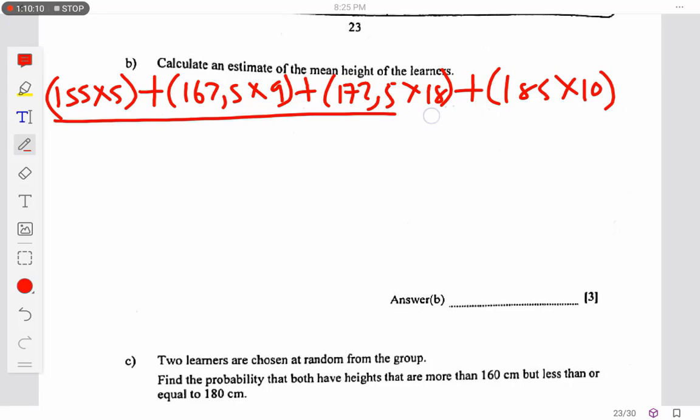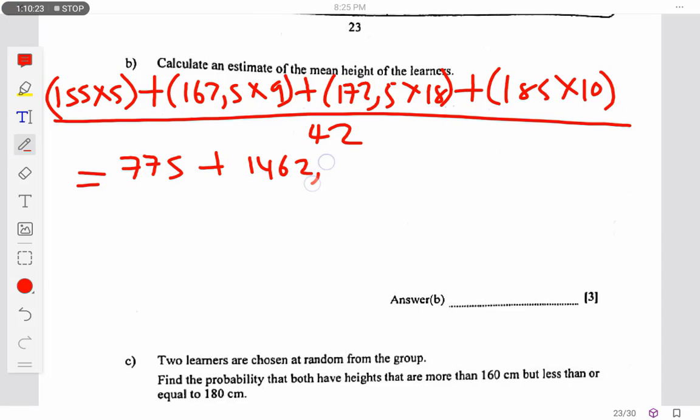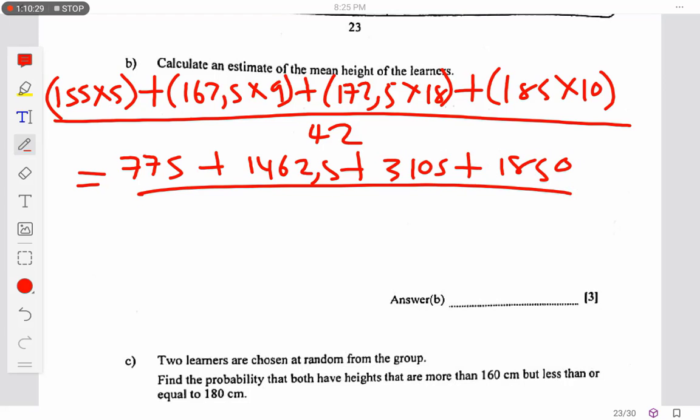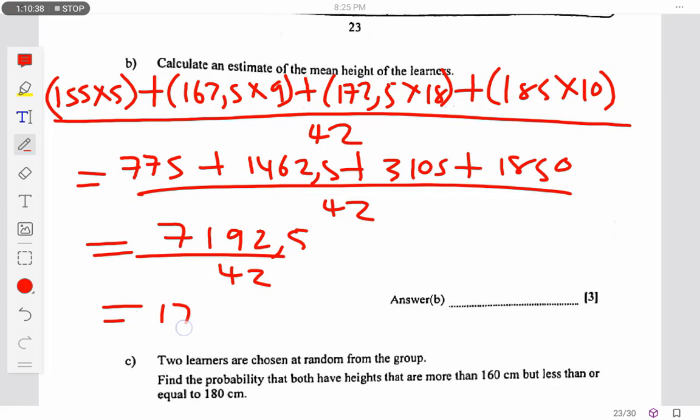And this is all going to be divided by the number of students, which was 42. So this will give us 775 plus 1462.5 plus 3105 plus 1850 all over 42, and when I add, I'm getting 7192.5 over 42. So my mean is 171.25. This is my mean.